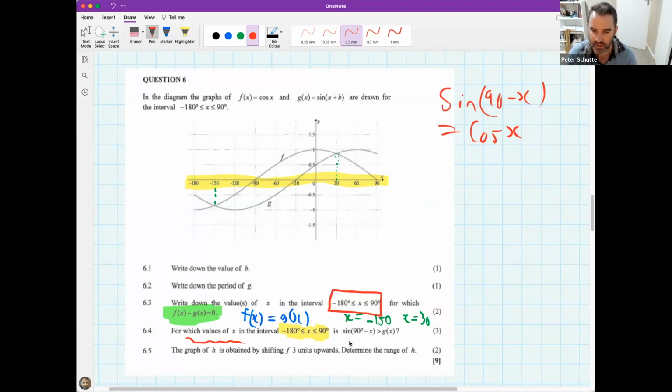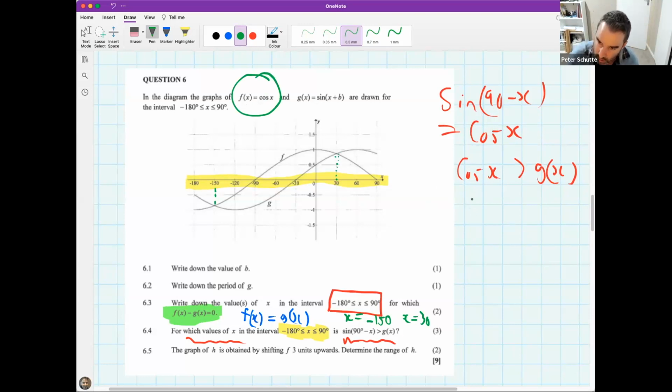So what this question is really asking is, when is cos of x greater than g of x? But I've spotted something else. What is cos of x? Cos of x is just f of x in this question.